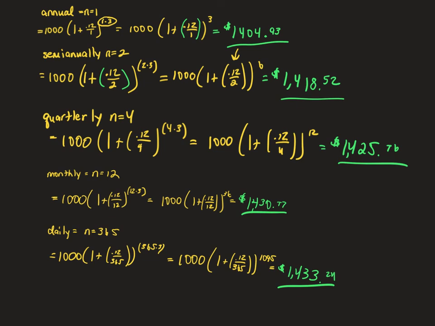When that happens, you should say, wait a second, I must have put something in my calculator wrong. I must have not put a parenthesis or something like that. Because no matter how you compound the interest, if you're using the same principal, the same interest rate and the same amount of years, how you compound the interest does not change the value that much. If you notice, the difference is like $30.